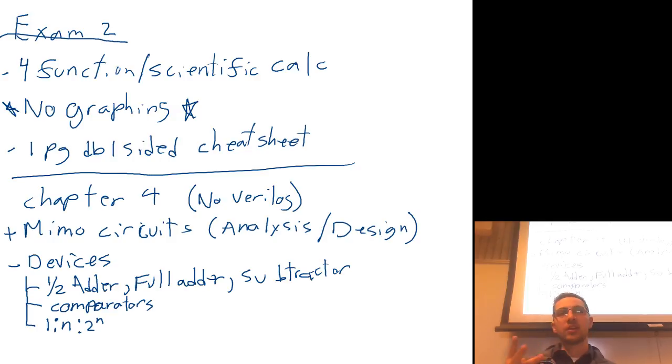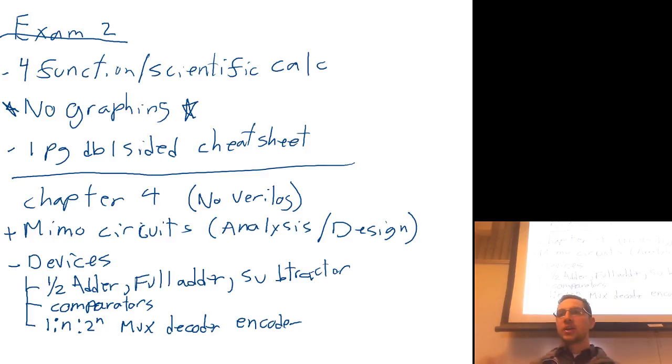There are basically 3 types. The 3 types we have are mux, decoder, and encoder. A demux is a decoder. So decoder, demultiplexer, yeah.